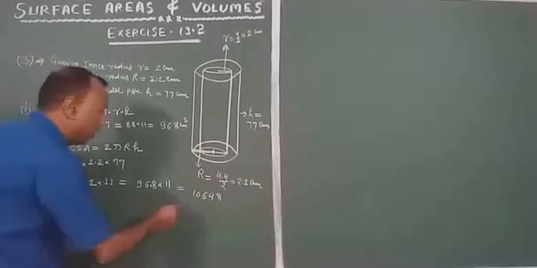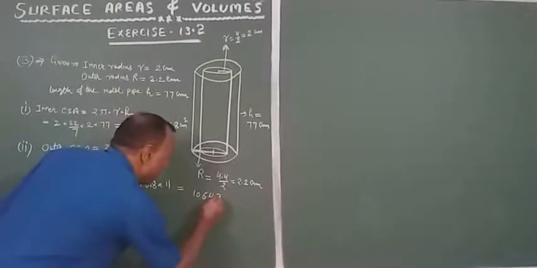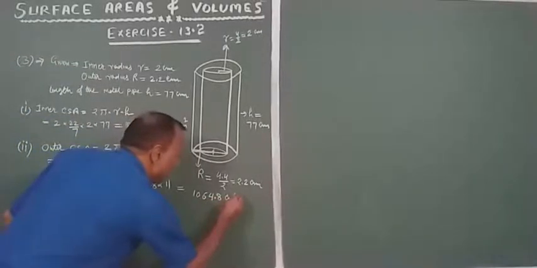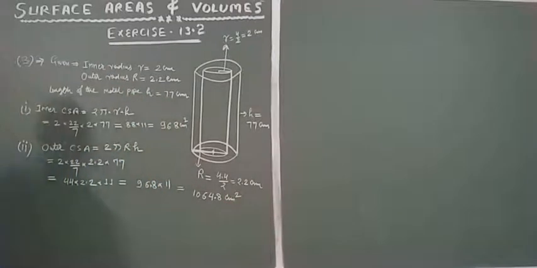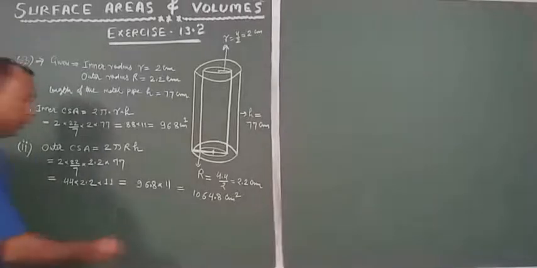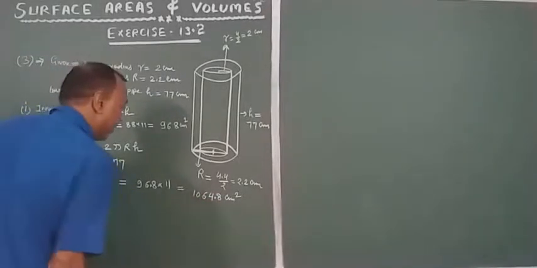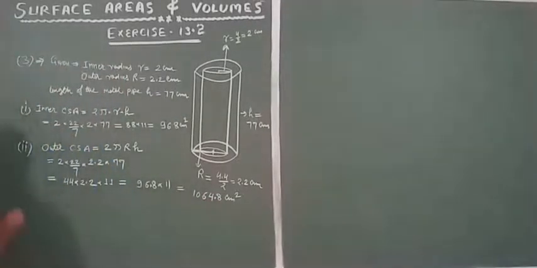So 1064.8 centimeter square. So what was the outer CSA? That is 1064.8 centimeter square.